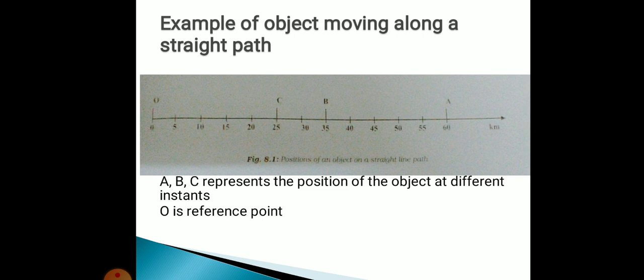This is the distance covered by the object, and to describe the distance we need to specify only a numerical value. We don't need direction. There are certain quantities which are described by specifying only their numerical values, and the numerical value of a physical quantity is its magnitude. So here 95 is its magnitude.